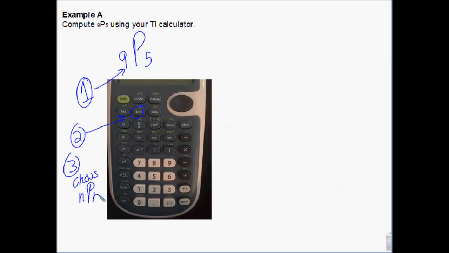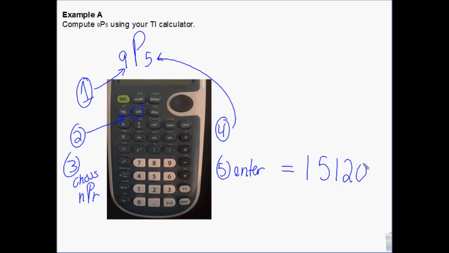And then step 4, I enter 5. And step 5, I press enter. And my answer is 15,120. So if there are 9 objects and I choose 5 of them, there are 15,120 different possible arrangements.